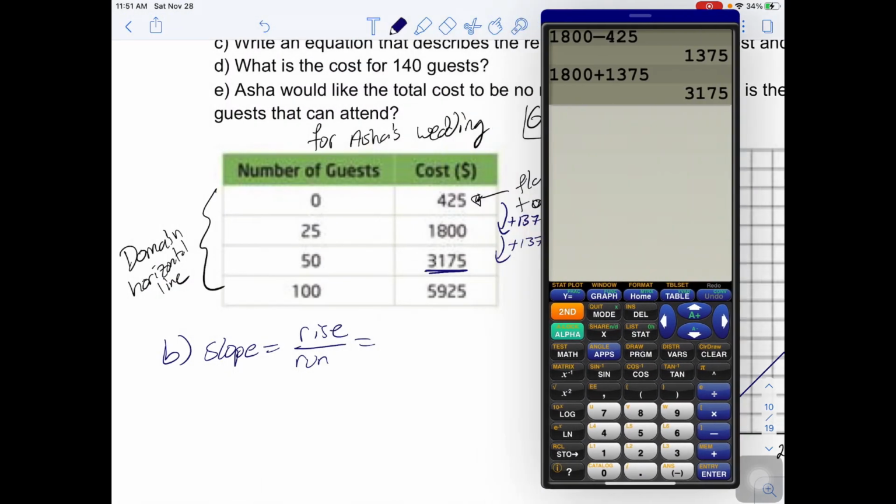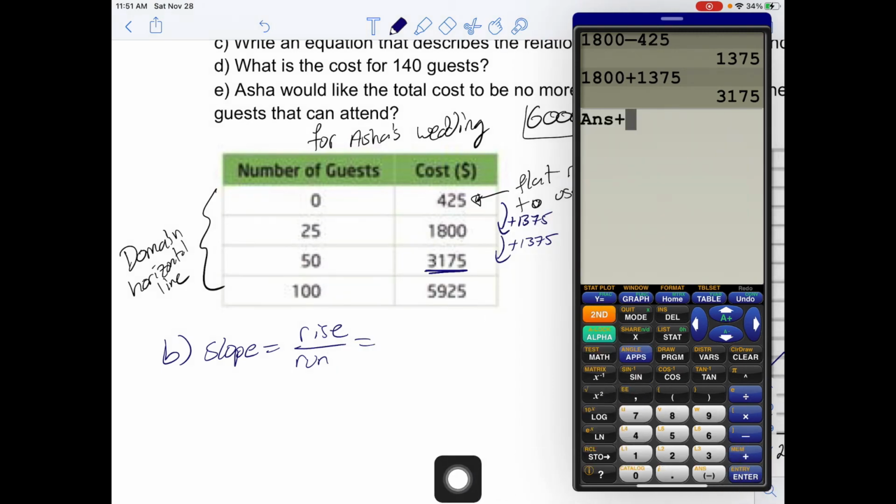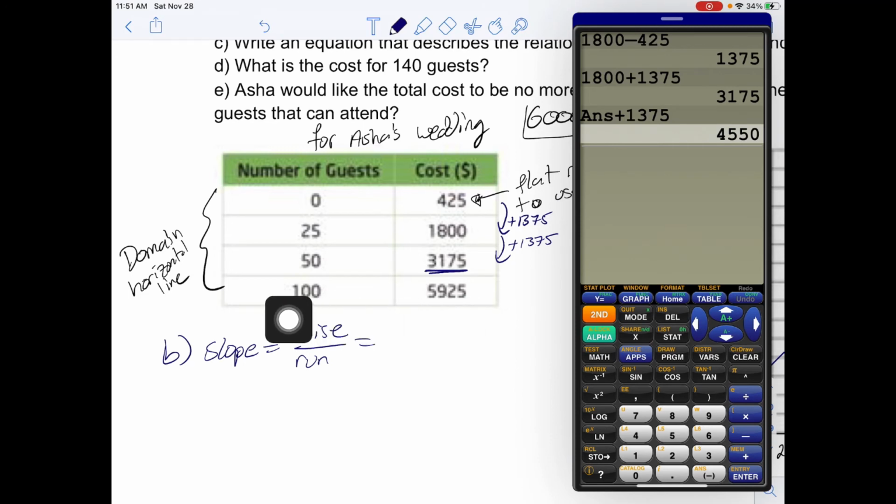Now recognize, if I add 1,375, it's going to give me 4,500. It's not going to be this, because recognize we skipped over an increment. We need 75. So this is relating to 75 guests, okay?